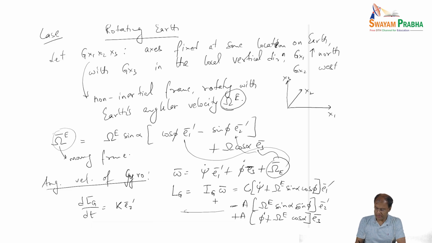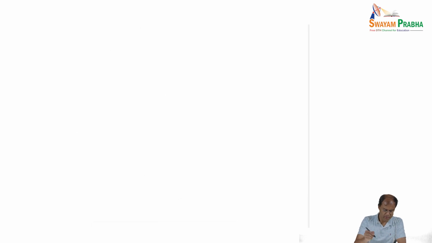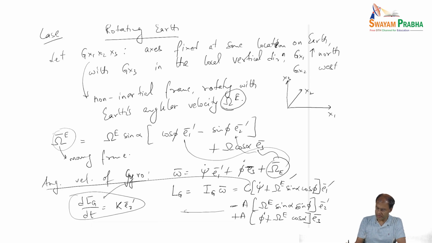Then we can start to substitute the angular momentum in this torque equation and see what happens. Let us call these expression A and expression B. Substituting everything from A and B, it's going to be a giant equation, so C times d/dt... I'm not going to write all the terms.